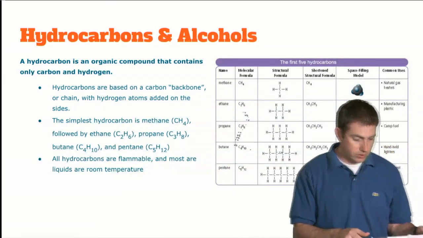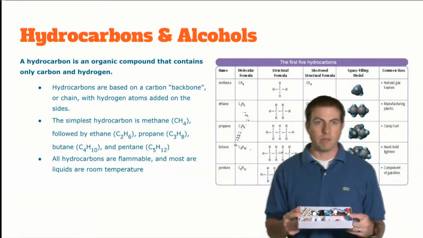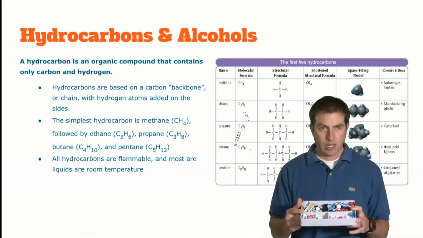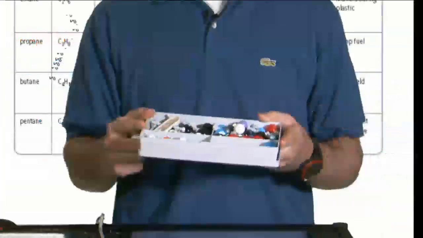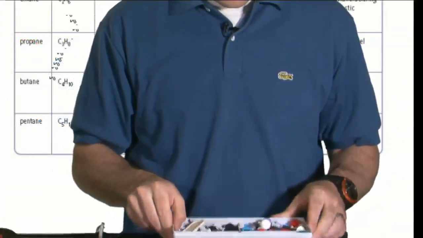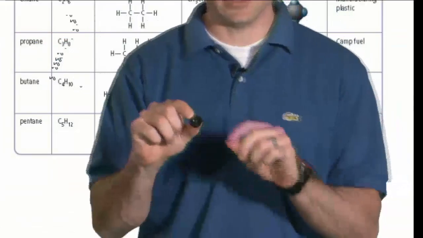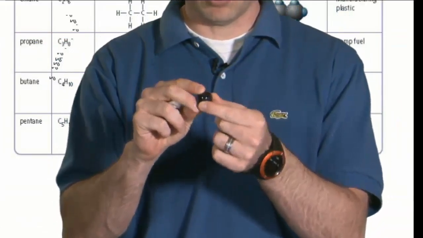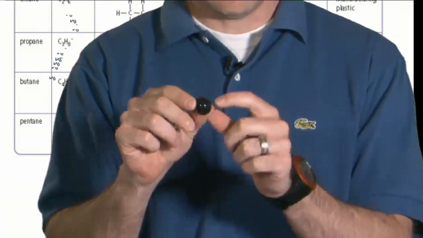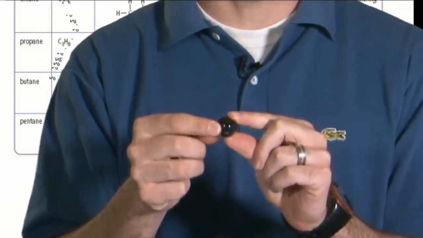In university, there are courses on organic chemistry, and they have these little kits, and there are all sorts of different types of these kits, but they give you these molecules. If I take one of these little black guys out, this is kind of hard to see, but it's a carbon molecule, a pretend carbon, and it has 4 little branches that come off of it.